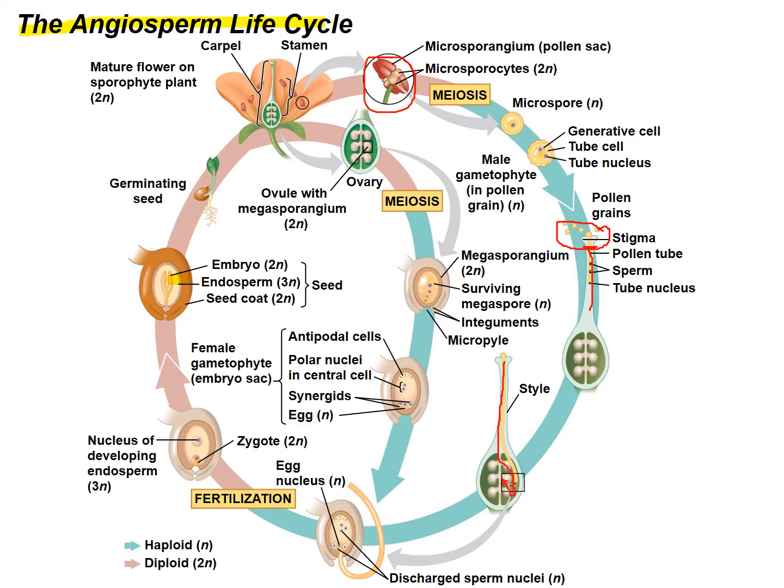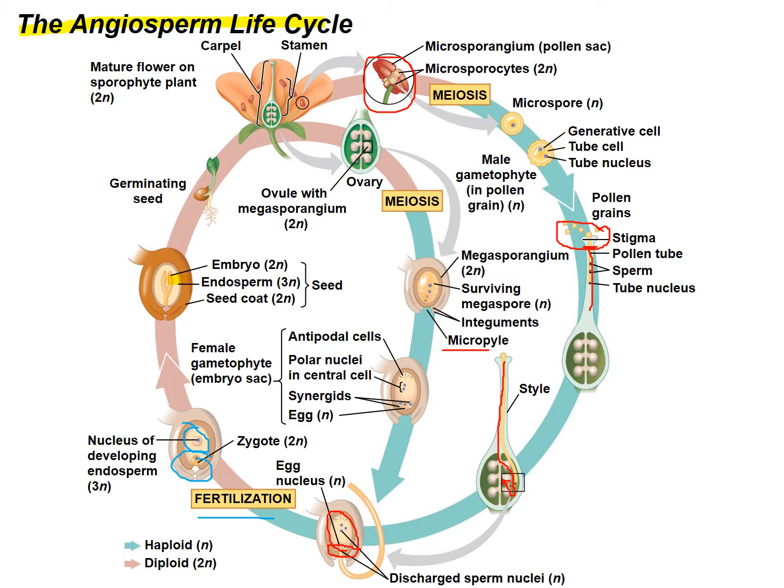the pollen tube grows through its micropyle and discharges two sperm cells into the embryo sac, which is the female gametophyte. Double fertilization occurs as one sperm nucleus unites with the egg to form a diploid zygote.